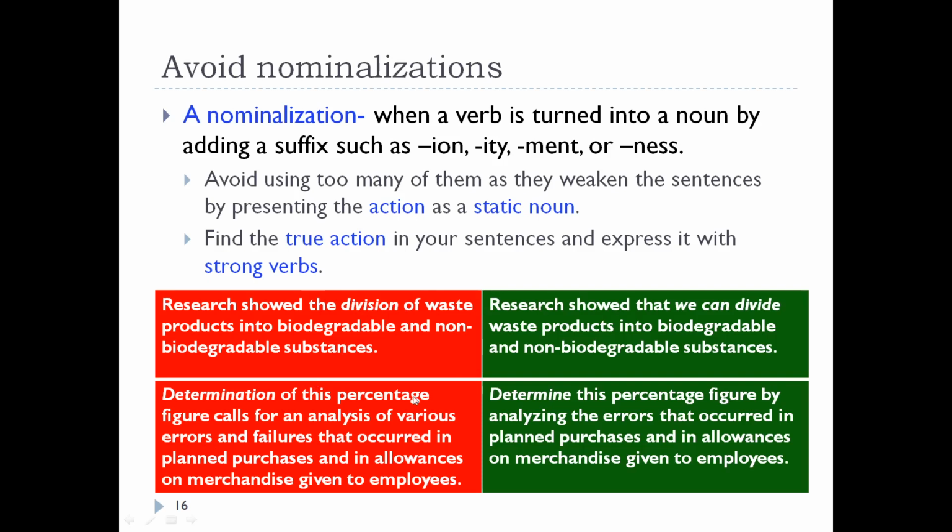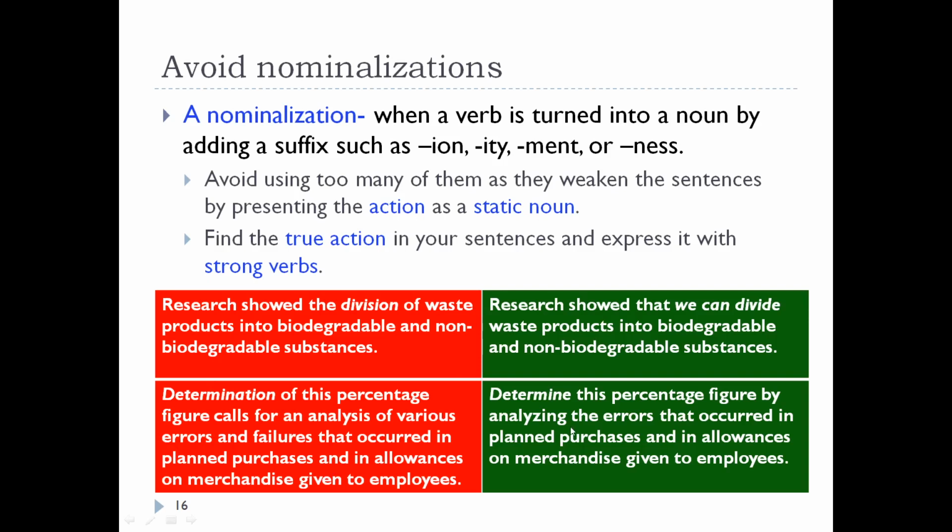Look at the second example. Determination of this percentage figure calls for an analysis of various errors and failures that occurred in planned purchases and in allowances on merchandise given to employees. Now it becomes difficult to find the true action in this sentence, or to understand it.